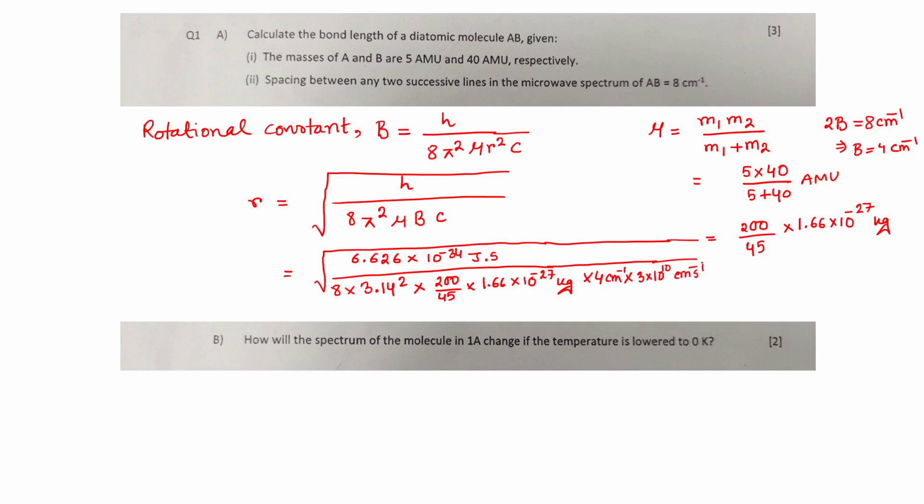And joule is Newton meter, because it is work done, which is force into displacement. Then Newton is kg meter per second square. So instead of joule second, I can write kg meter square second to the power minus 1.